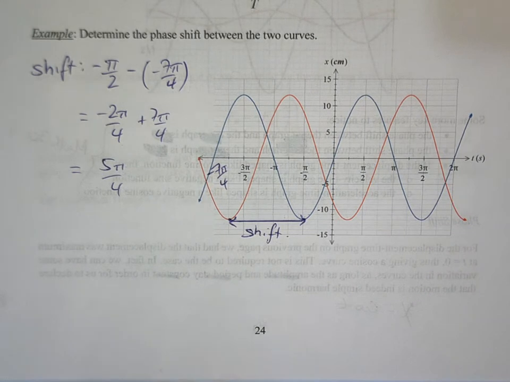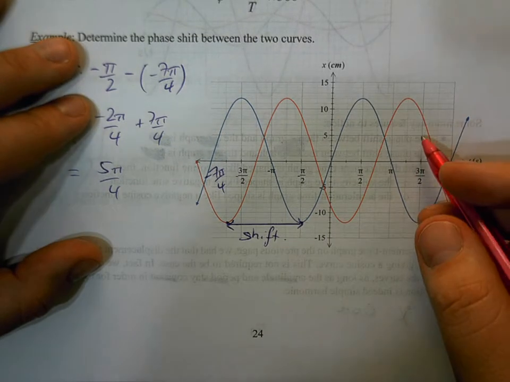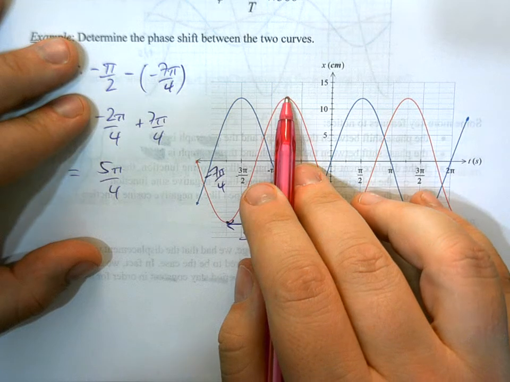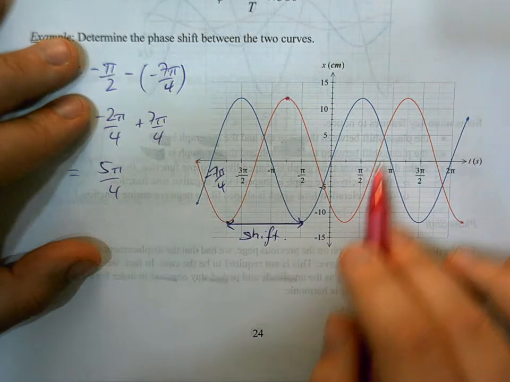Now the period, we haven't really talked about the period yet, but the period is going to represent the time it takes to make one complete cycle. So it doesn't matter which graph we pick, they're both the exact same period. So for this graph here, let's say I go to this point, and then to get a complete cycle I want to go fully down and then all the way up.